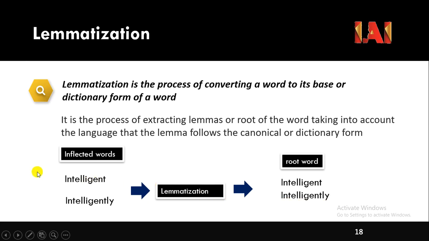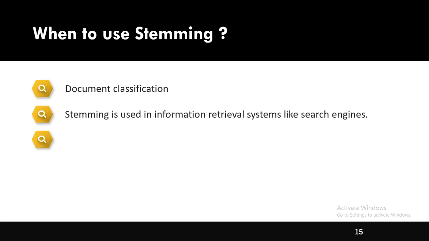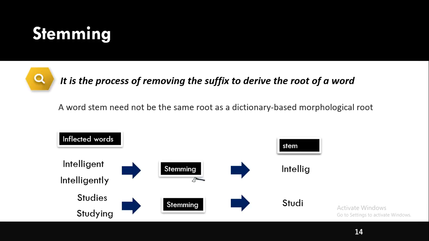But when we use stemming on these inflected words, it was not returning a dictionary form of the word. That's what we have seen a while back. Look here, for intelligently, when we use stemming, it was not returning the dictionary form of the word.